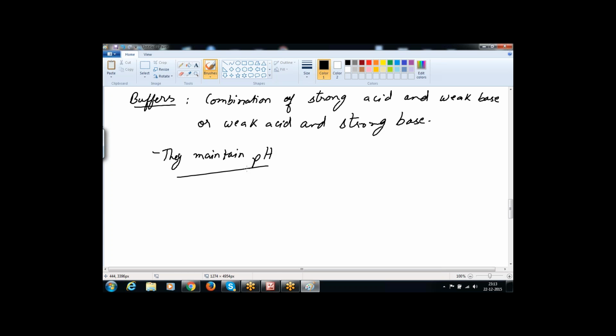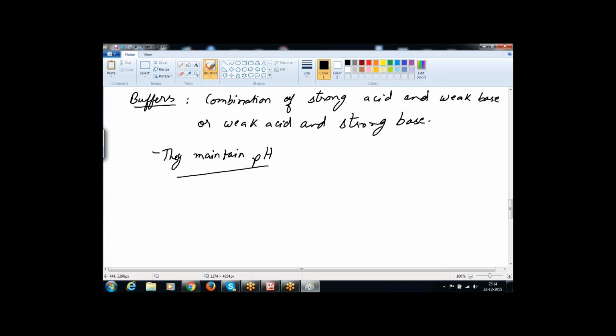Let's say we eat something very acidic, the pH should turn acidic. So these buffers, they are various systems in our body.